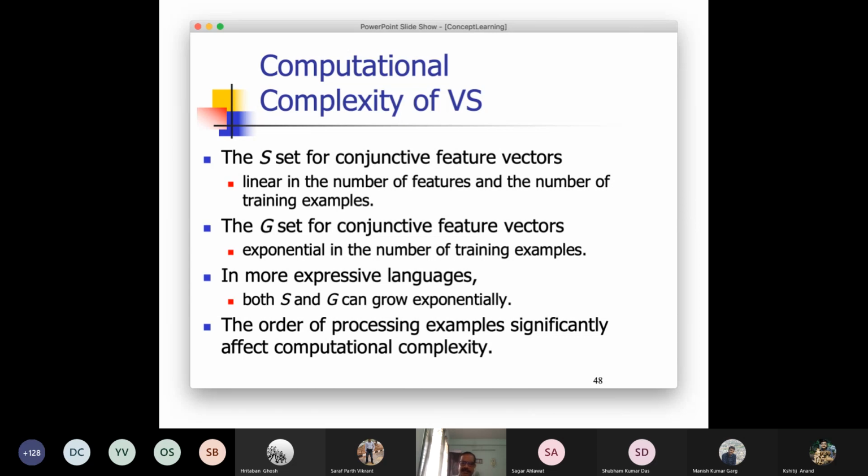It is the same as whatever the Find-S algorithm provides you. Your candidate elimination will give that S. The additional task of checking whether it is a specialization of a hypothesis in G will take time, but the size of S will remain the same. The order of processing examples significantly affects computational complexity.